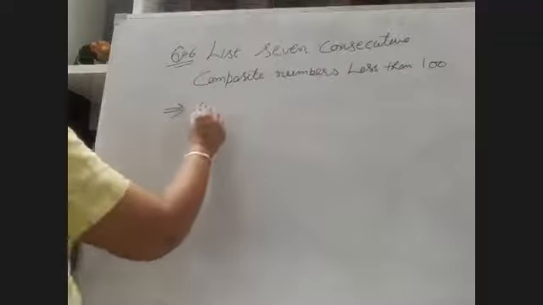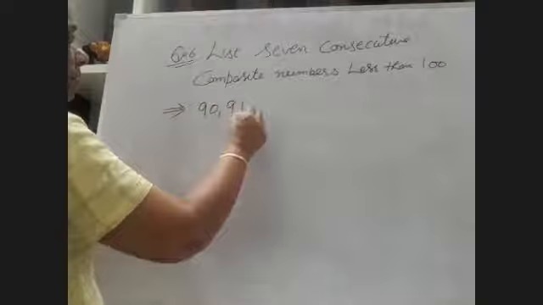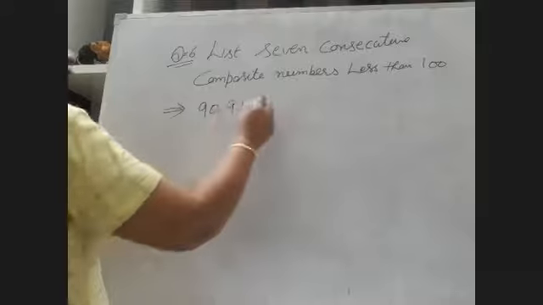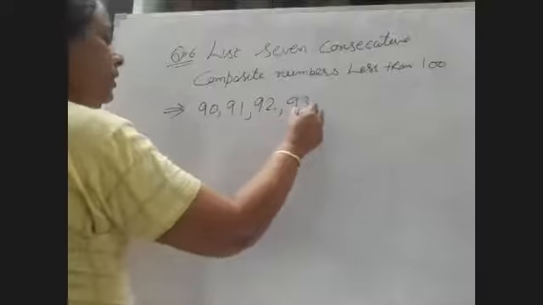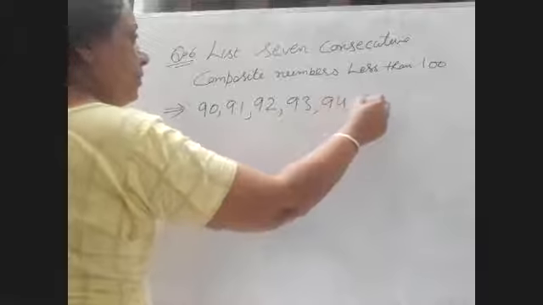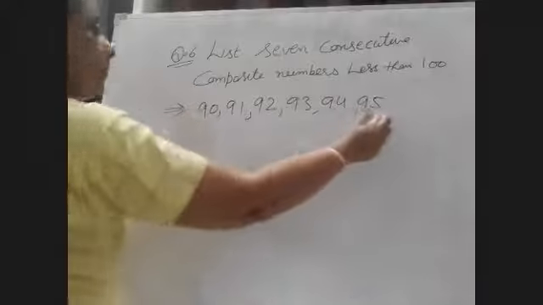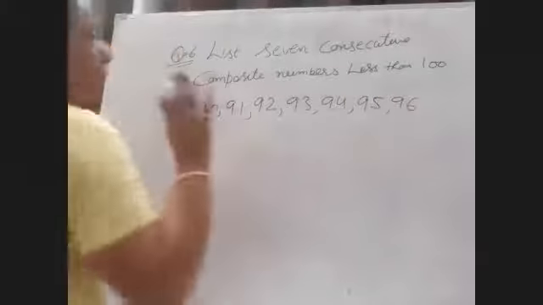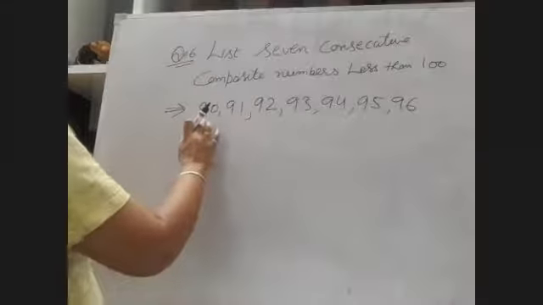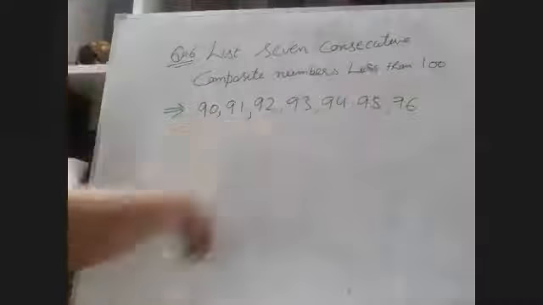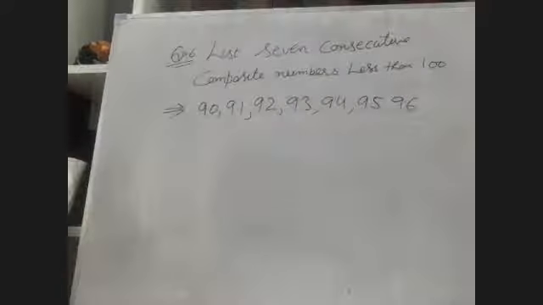We'll start from 90: 90, 91, 92, 93, 94, 95, and 96. 97 is a prime number. So these are all numbers: 90, 91, 92, 93, 94, 95, 96. These all are composite numbers which are less than 100, and you can see these numbers are in continuity.